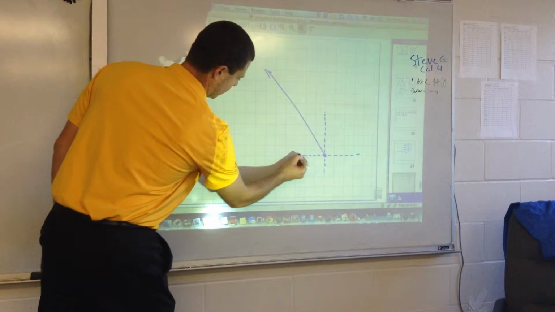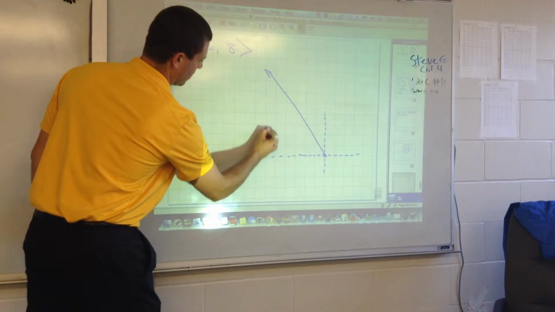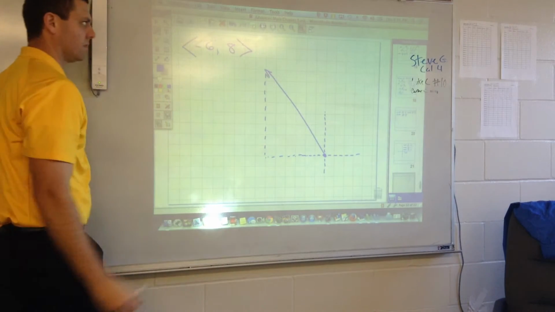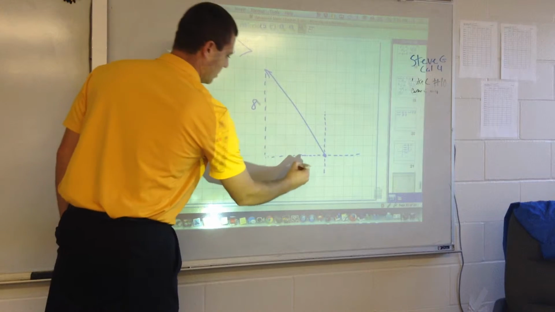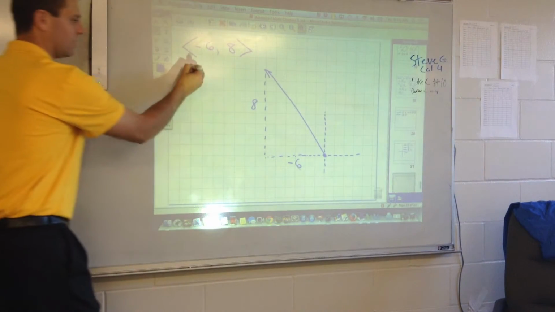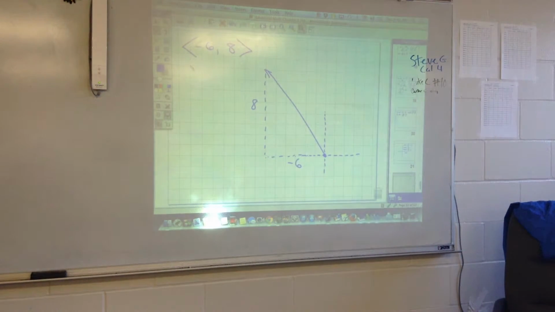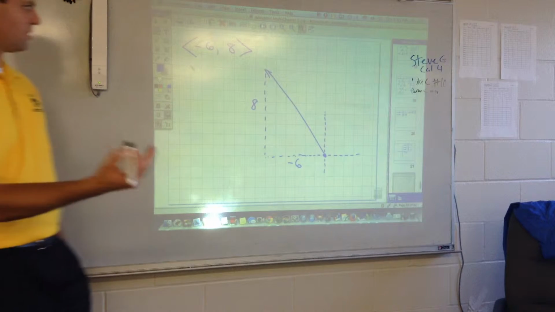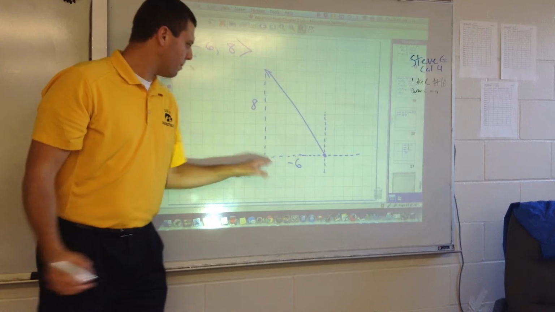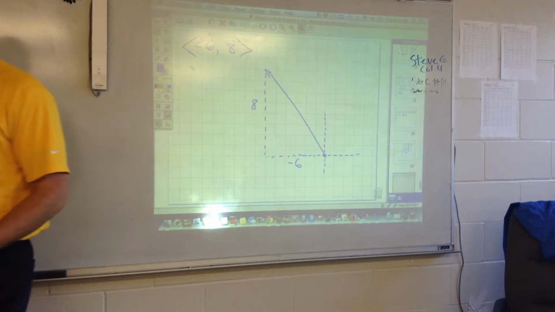You don't have to make it to scale, but do please at least label it so you know how long each side is. So -6 is the horizontal component, +8 is the vertical component of the vector.